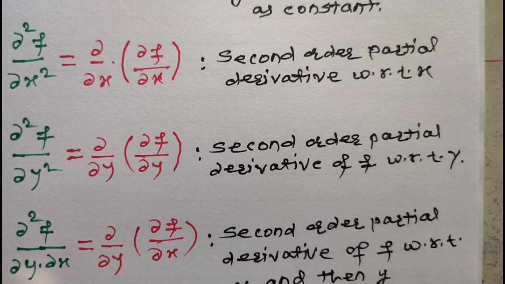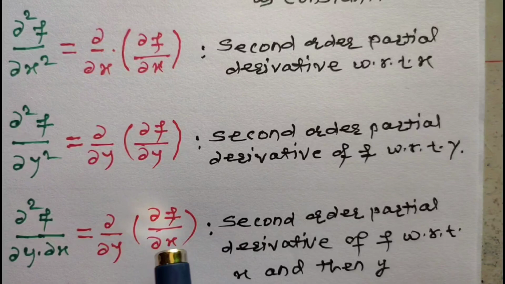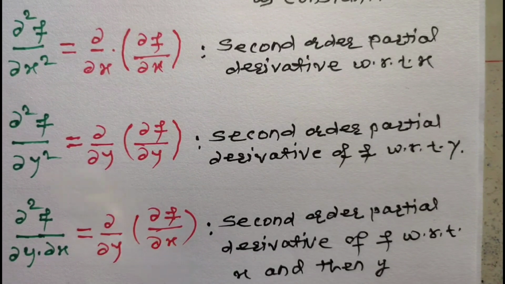Next one is dou 2f by dou y dou x. First find dou f by dou x, then partially differentiate dou f by dou x with respect to y.